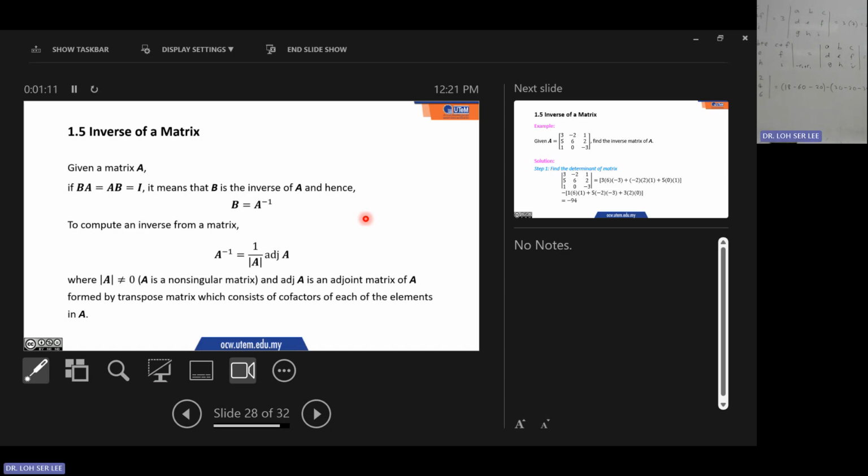We have one last subtopic: inverse of a matrix. As I explained just now, for a matrix to have an inverse matrix, the matrix determinant must be non-zero.